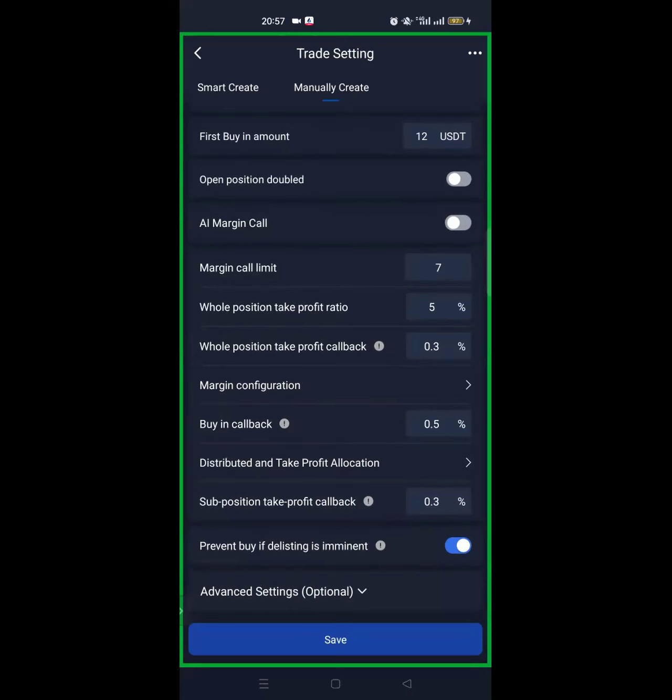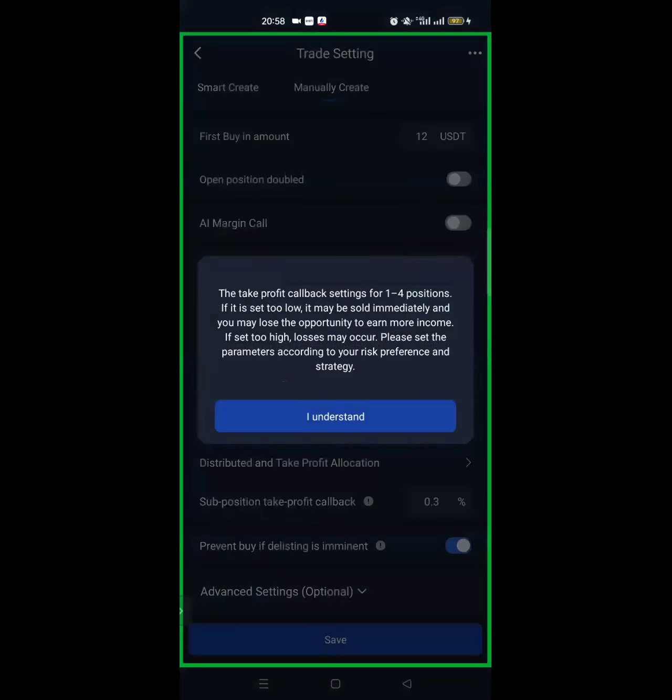Now the next one is whole position take profit callback. This is very, very important. It's a very important function of the robot. This determines how much the price has to come back. Let me give a practical example of how whole position take profit callback works. Let's read this first.